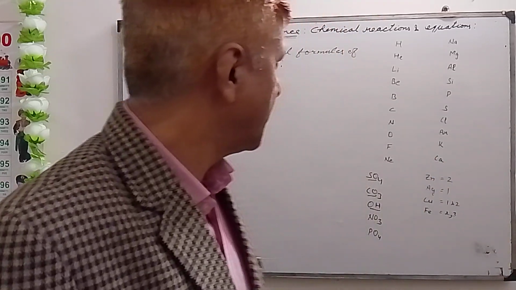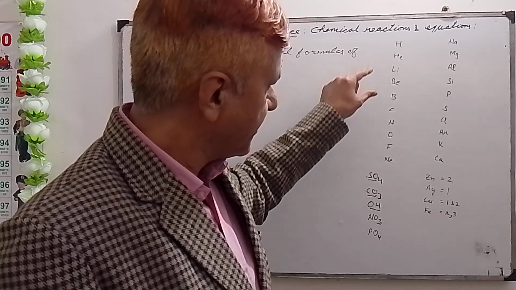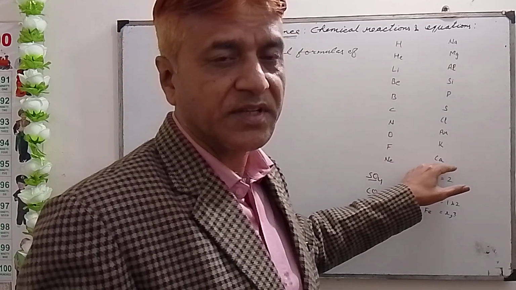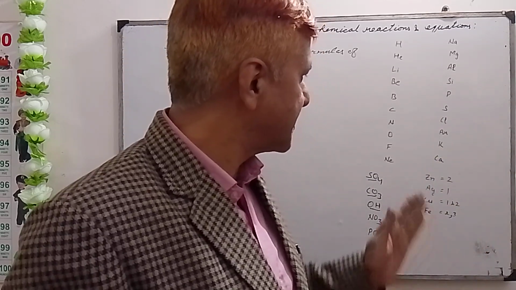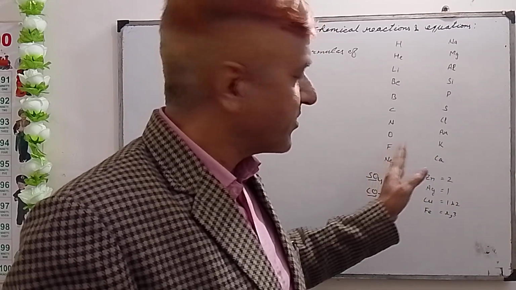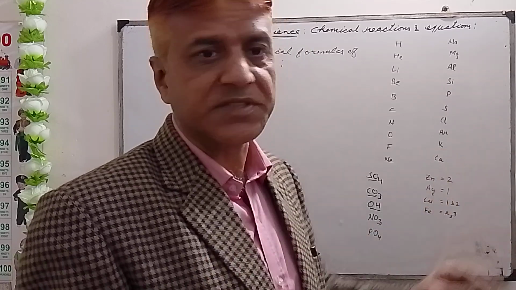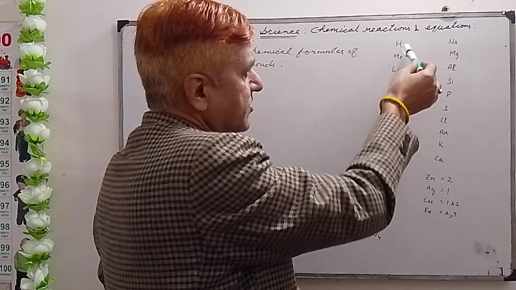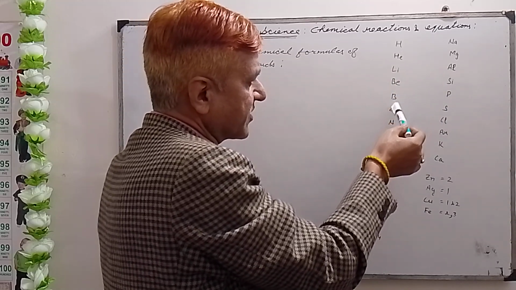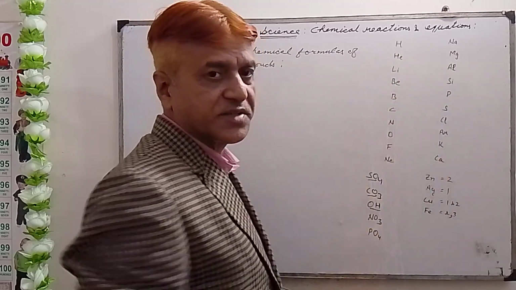Now you will write the symbols of the first 20 elements in the increasing order of their atomic numbers. I have written hydrogen, helium, lithium, beryllium, boron, carbon, and so on till calcium.